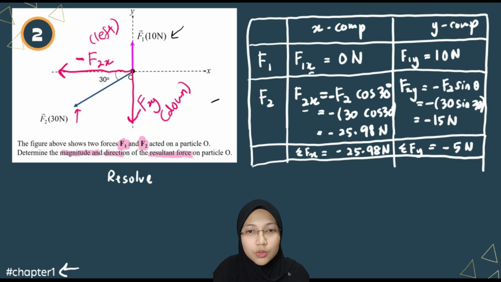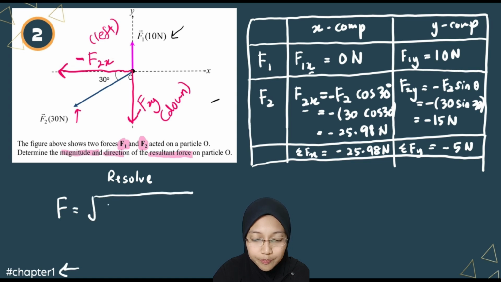So to get the magnitude and direction, we apply this equation. F resultant is equal to the square root of the summation of Fx squared plus the summation of Fy squared.